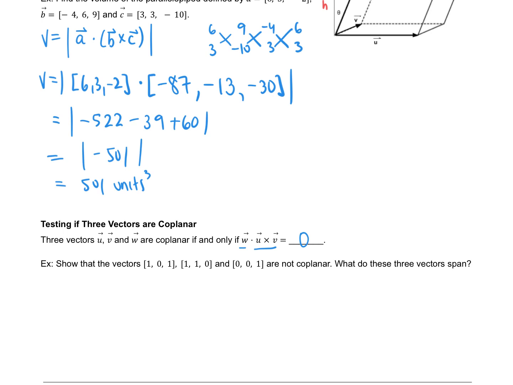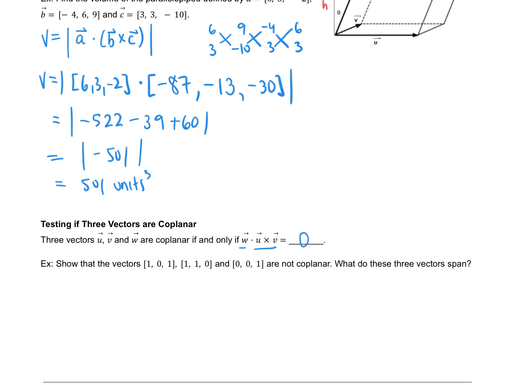Now, why does that make sense? When you take the cross product of u and v, you're going to get a vector that is perpendicular to u and v. If all three of these vectors are within the same plane, they should all be perpendicular to that same vector that you get with the cross product.